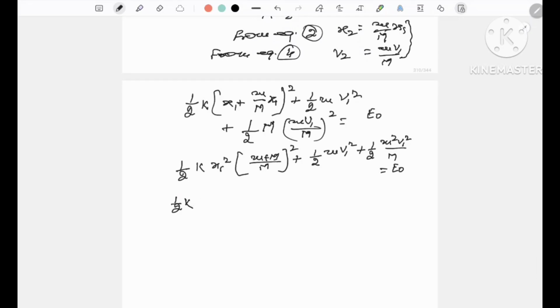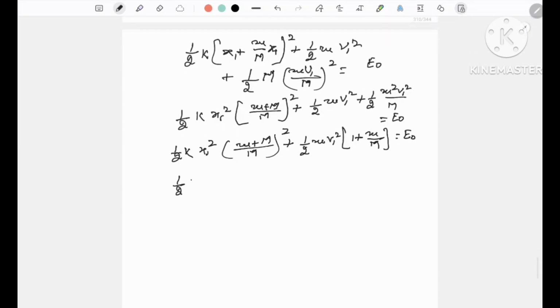Or half k x1 square (M plus m by M) square plus half m v1 square (1 plus m by M) is E dot, or half k x1 square (M plus m by M) square plus half m v1 square (M plus m by M) is E dot.